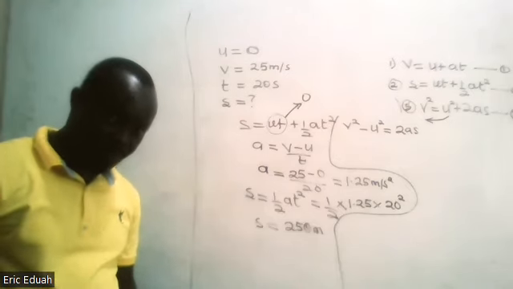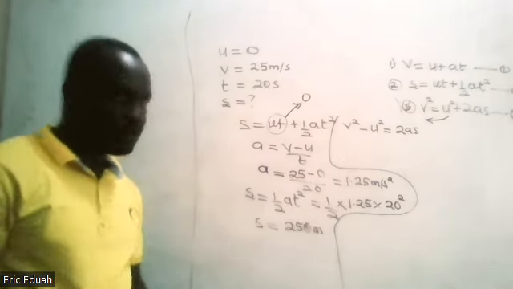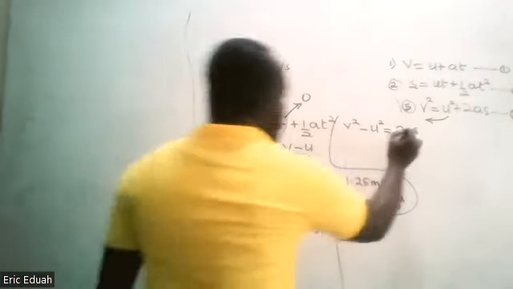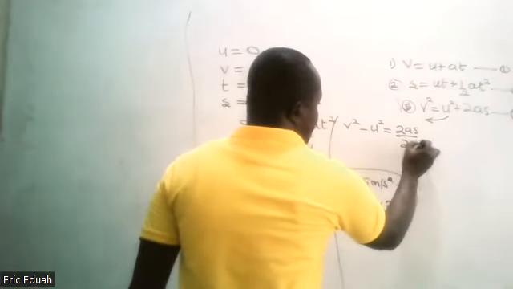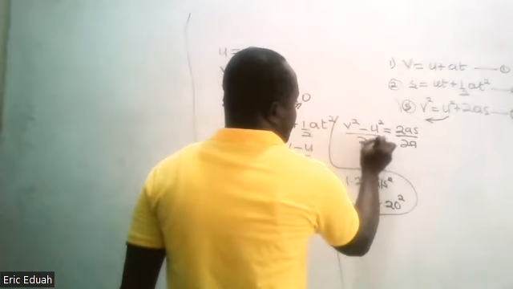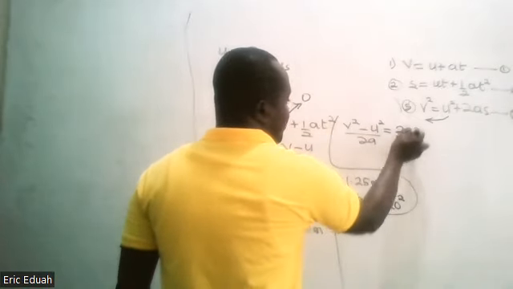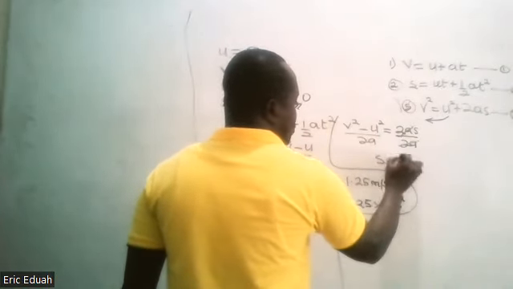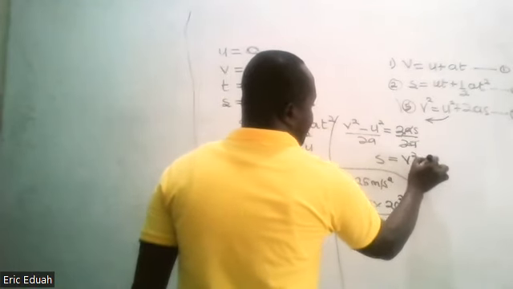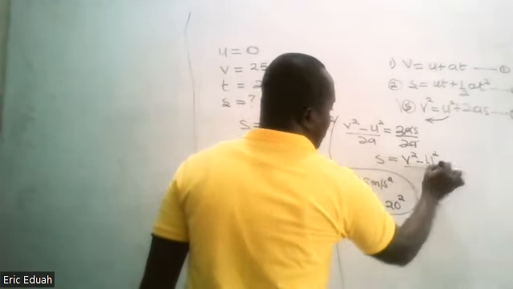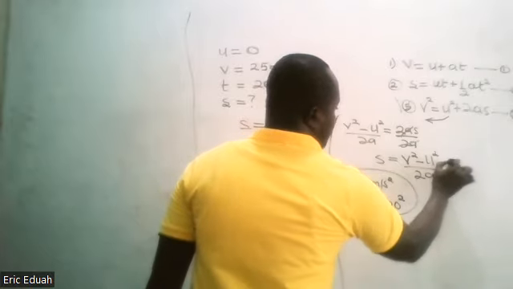Divide both sides by 2a. So that's divided by 2a. So I have s is equal to v squared minus u squared all on 2a.